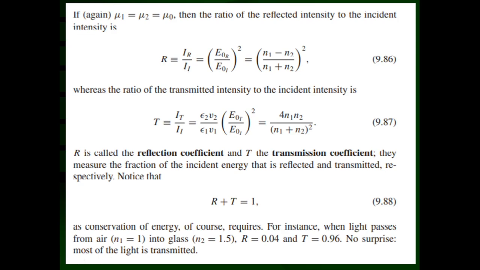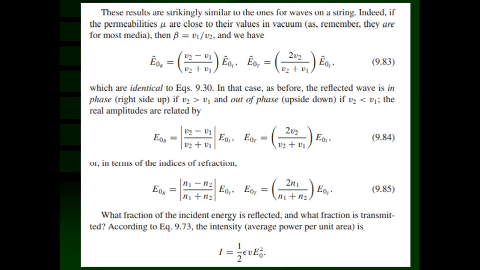If we take the ratio from our previous equations, E0R upon E0I, because reflected and incident waves are in the same medium 1, the values of epsilon and V for the reflected as well as the incident are going to be the same. 1 half epsilon V will be cancelled out, so IR upon II is equal to E0R square upon E0I square.